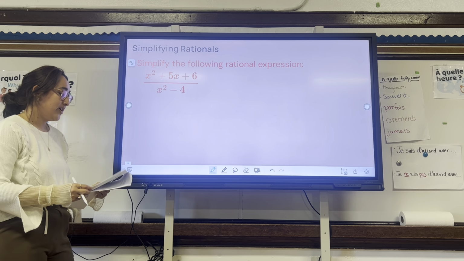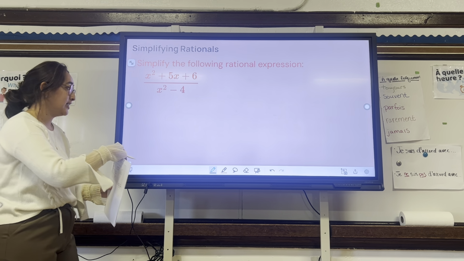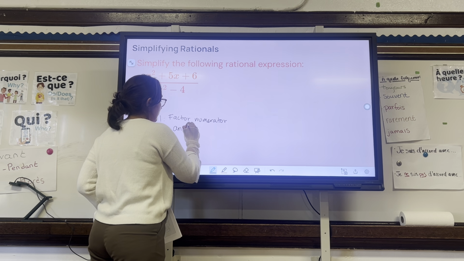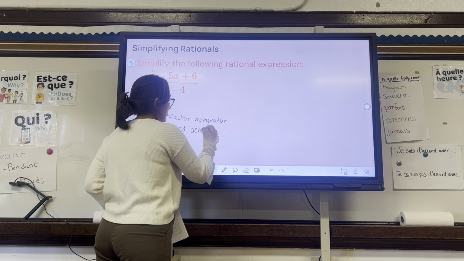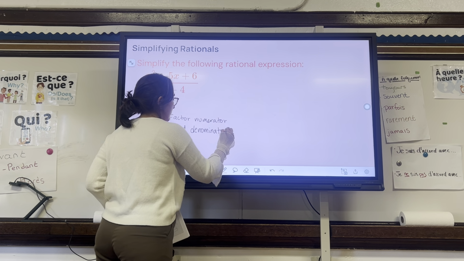In order to simplify rationals, your first step always is going to be to factor numerator and denominator. Up top, you're going to use AC factoring because this is a 1.